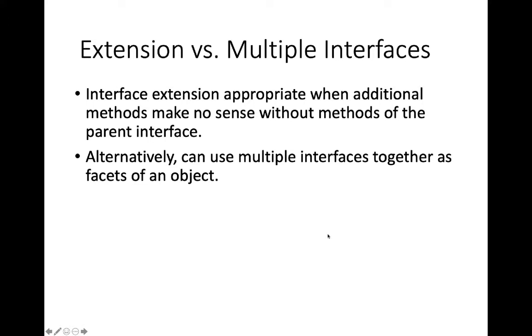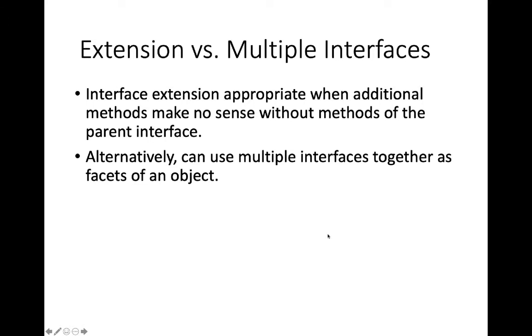So it doesn't make sense for an object to have all the methods of compressed media unless it also has all the methods of media, because it just doesn't make sense for something to be a compressed media without being a media. In that case, it makes sense to define compressed media as an extension.